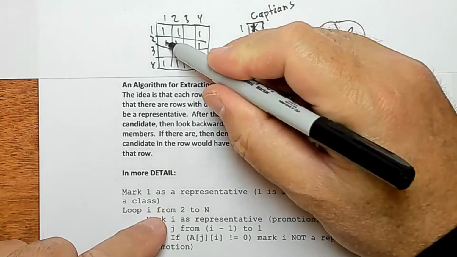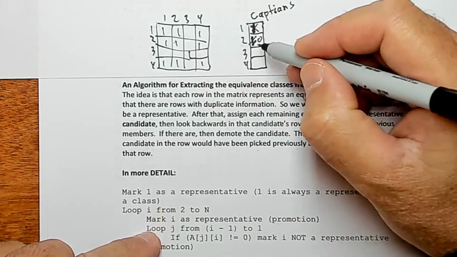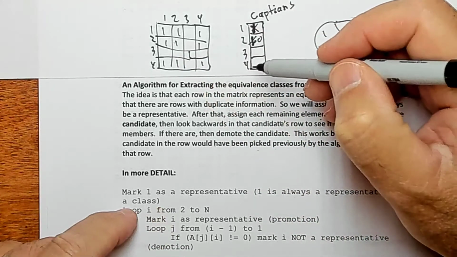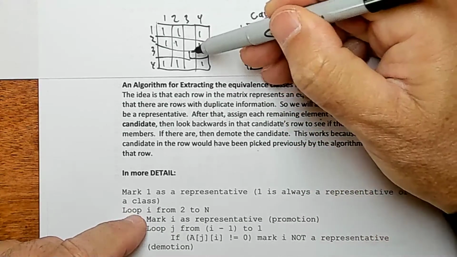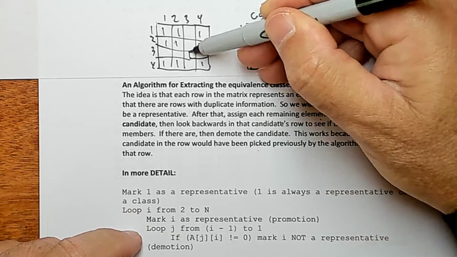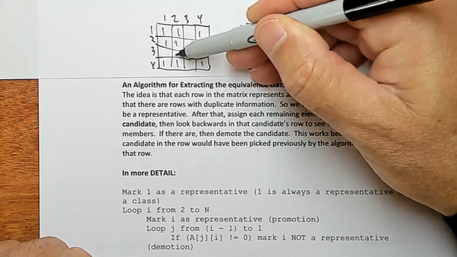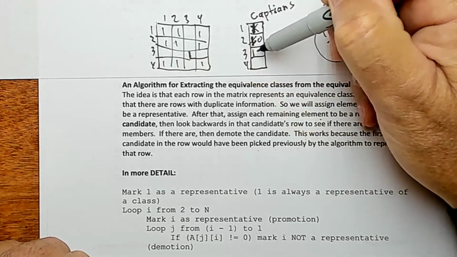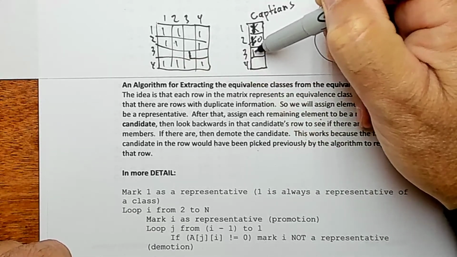Then you look back and you see that 1 was already the captain. So you go to 0. Then the outer loop iterates. You go to 3. You mark him temporarily as a captain. You start here. Then you look back at 2 and 1, and you don't see anybody there. So 3 must be the captain. He's the first guy there.